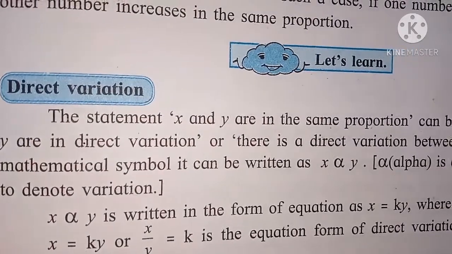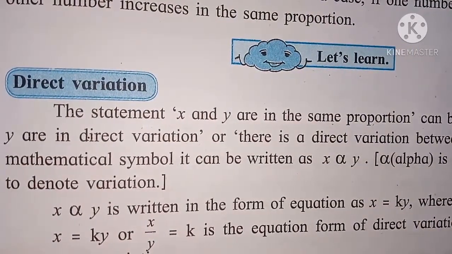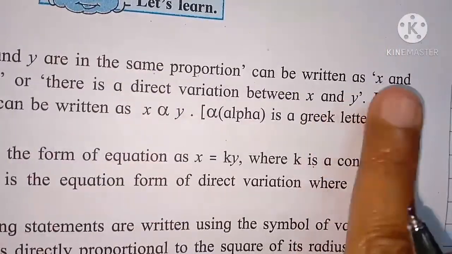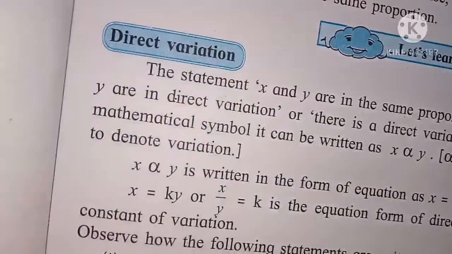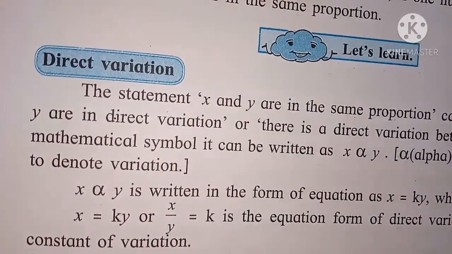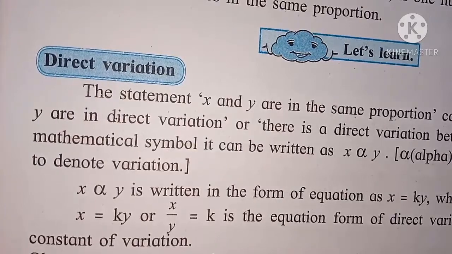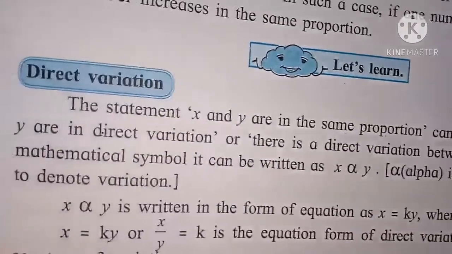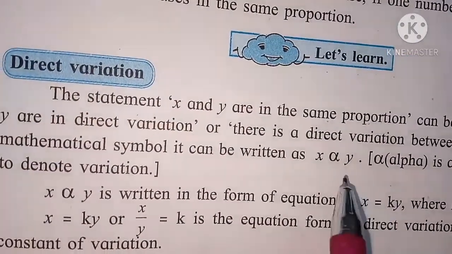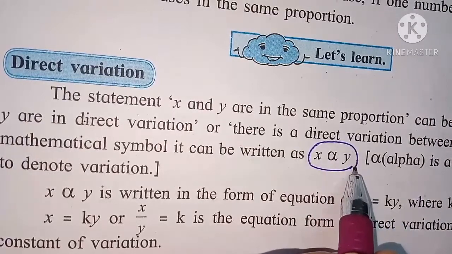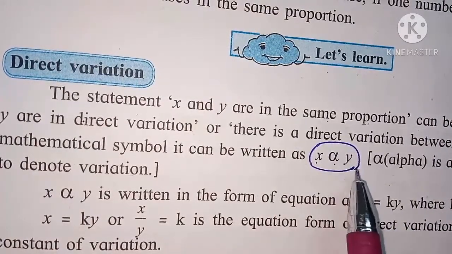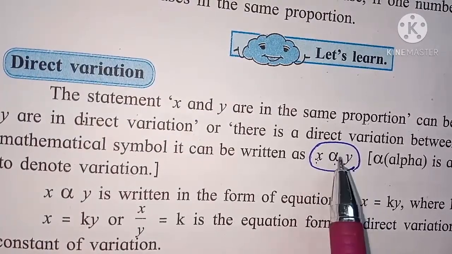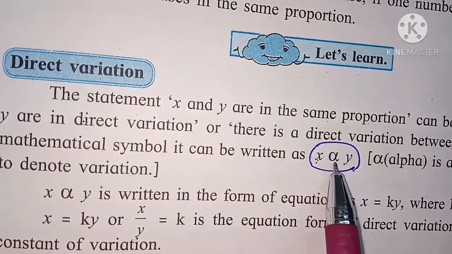The statement given here is that "X and Y are in the same proportion" can be written as "X and Y are in direct variation," or there is a direct variation between X and Y. Using a mathematical symbol, it can be written as X varies directly with Y. This symbol shows direct variation.